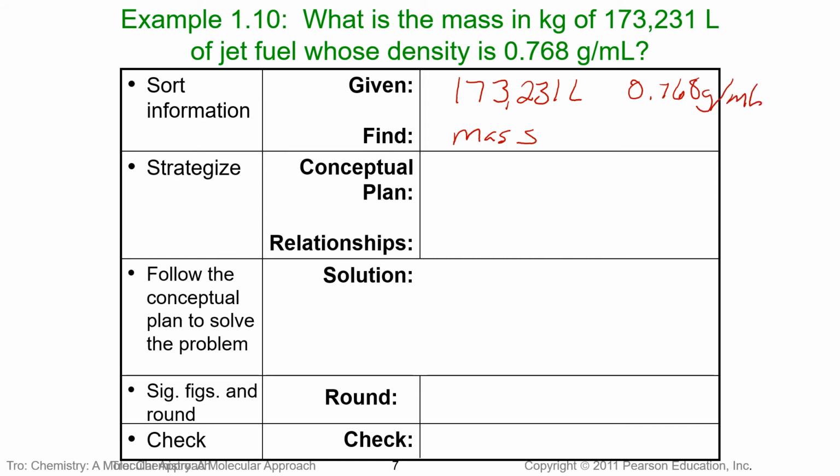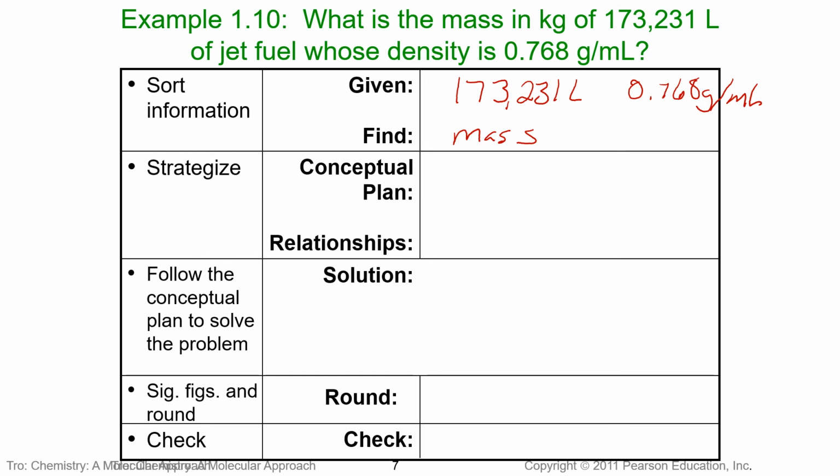Why would we have to find the mass of jet fuel? Well, planes can only take off with a certain amount of weight, so the amount of fuel that they're carrying is an important thing to know.